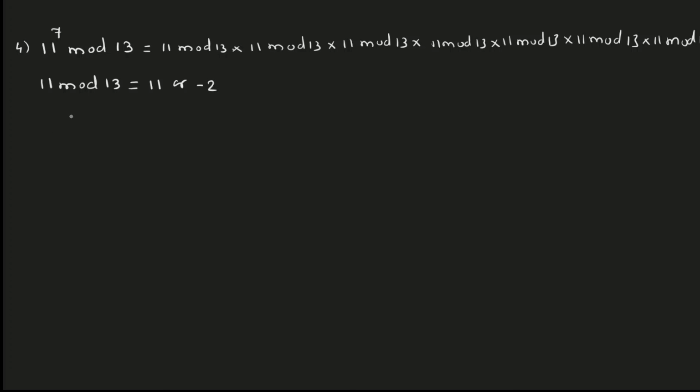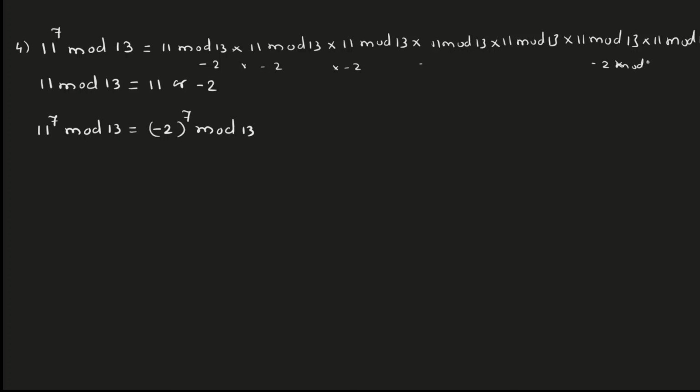So now you may write 11 raised to 7 mod 13 as minus 2 raised to 7 mod 13, or in place of 11 mod 13, you can write minus 2, minus 2, minus 2 mod 13, and so on up to 7 times.